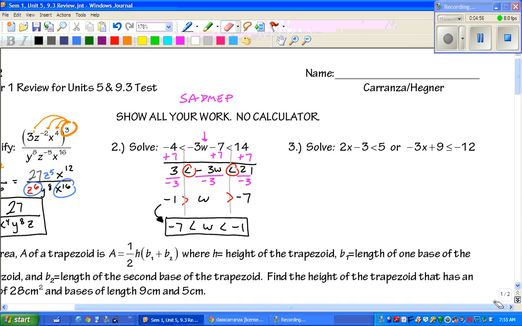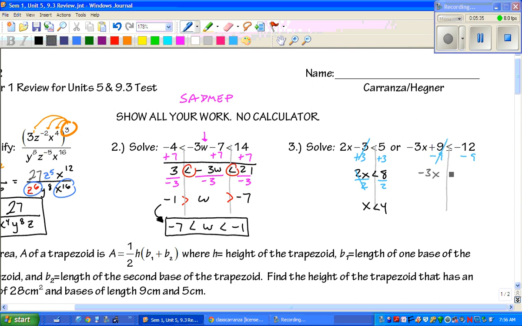All right, number 3. We treat this like two separate problems. So we want to add 3 to both sides. We get 2x is less than 8. Divide by 2, and we get x is less than 4. Okay, let's go on the other side. Subtract 9 from both sides.